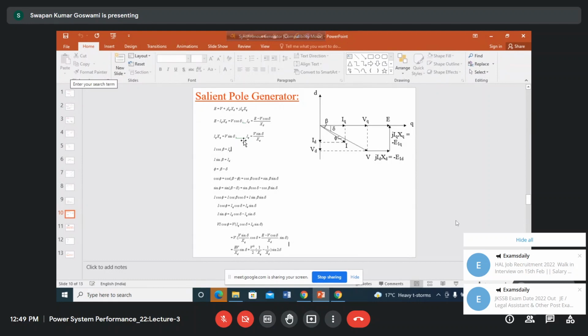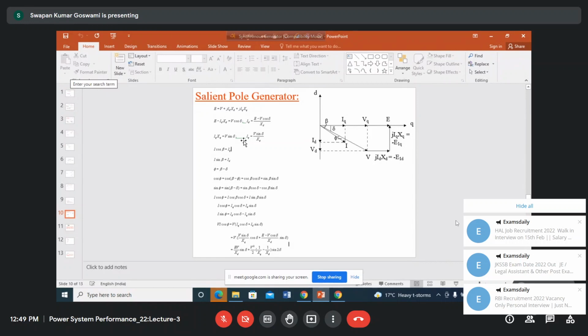In a salient pole machine, the air gap is not uniform. Along the pole axis it is minimum. If you move away from the pole axis, between the two poles, it is the maximum. So reluctances are also not uniform.